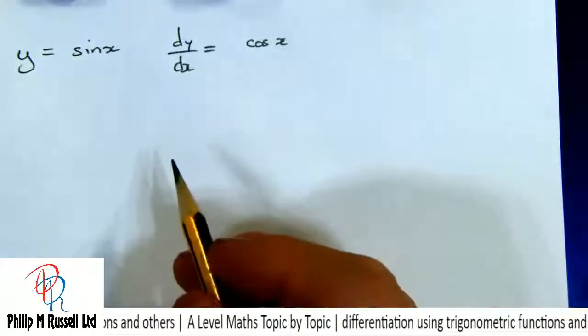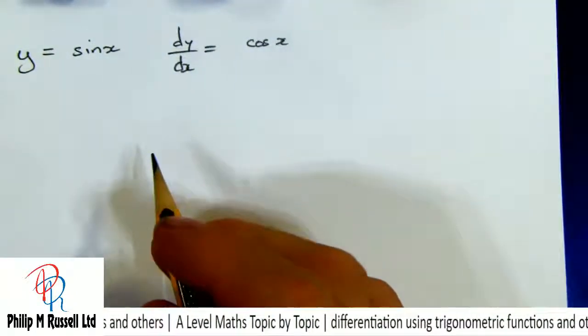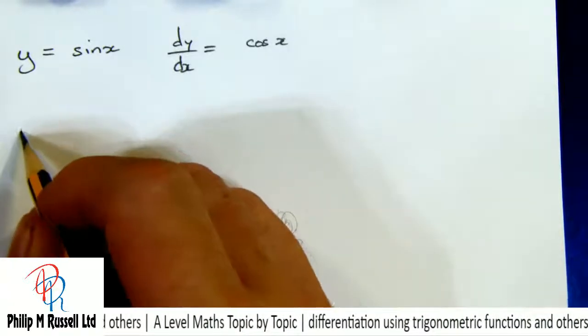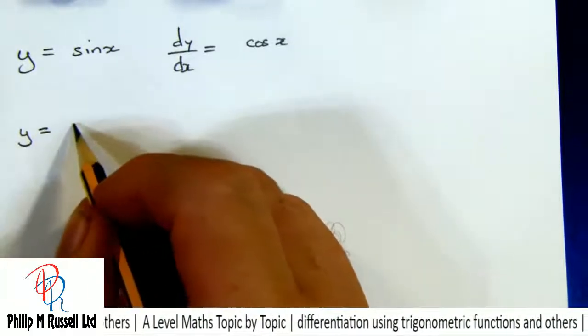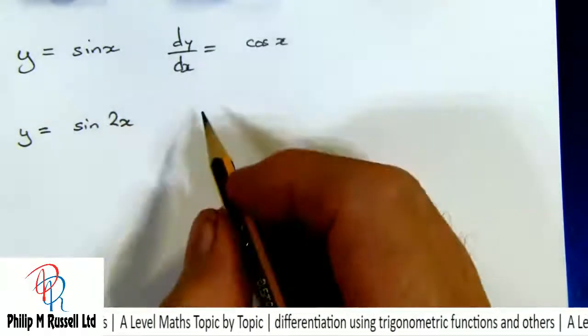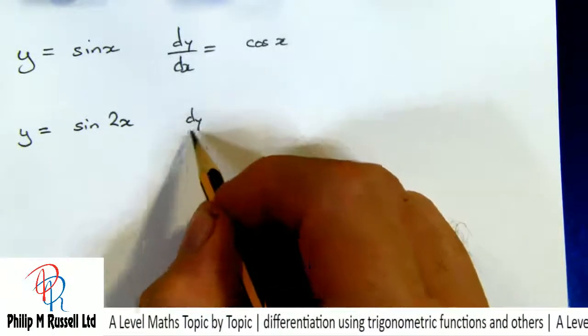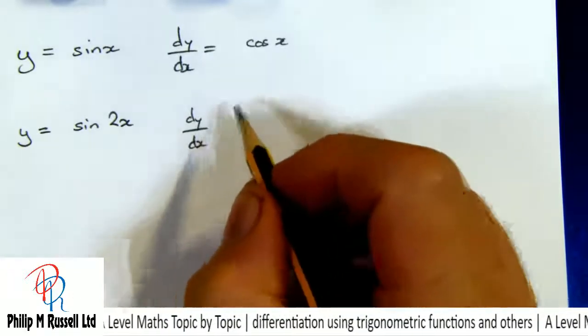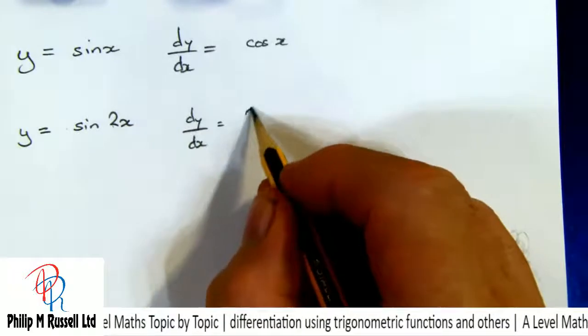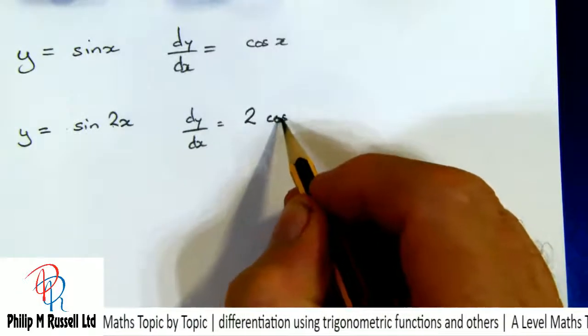So if we're told we want to work out perhaps y equals sine 2x, and we're asked to differentiate that, then dy by dx of that is going to be, bring this number to the front, 2 cos 2x.